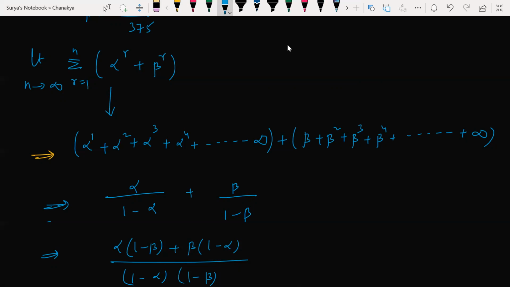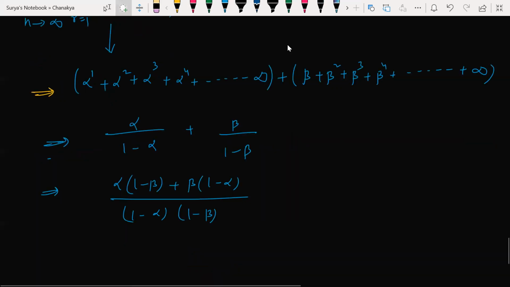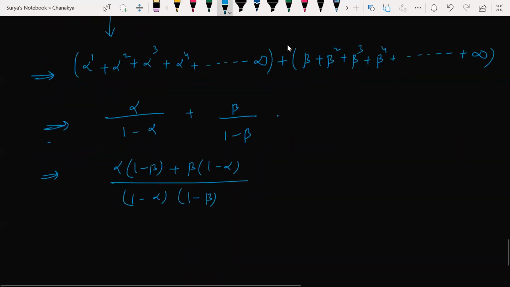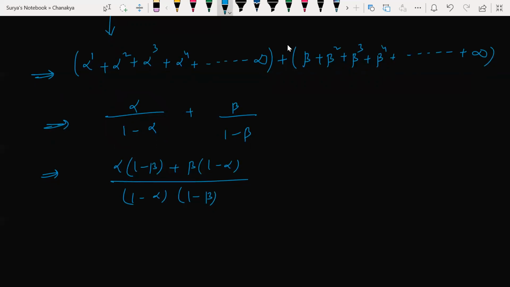Now, here alpha square, alpha cube till infinite, the formula is this one. Hope you are aware of the formula from sequence and series, the sum of infinite terms formula. How many of you remember the sum of infinite terms formula?